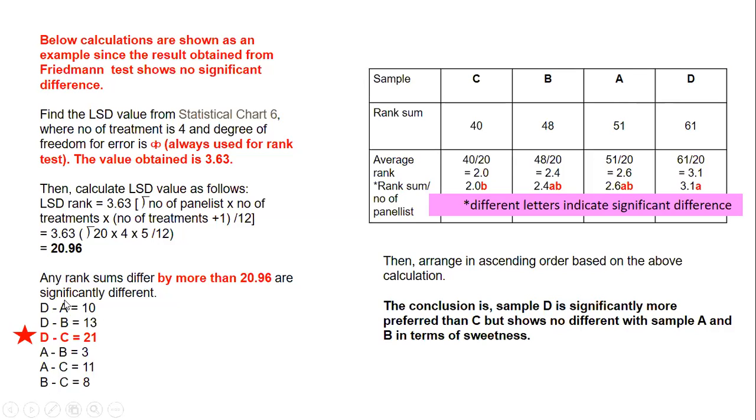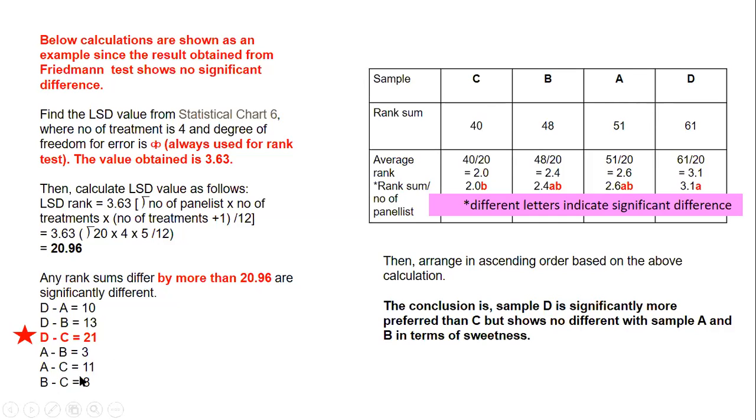But if the difference is smaller than the least significant difference, there is no significant difference between the samples. We started with D, because D got the highest score. So D minus A, D minus B, D minus C, and then A minus B, A minus C, and the last one, B minus C.